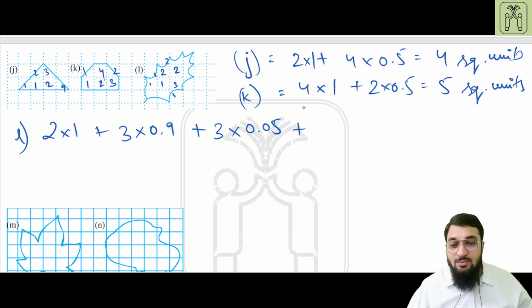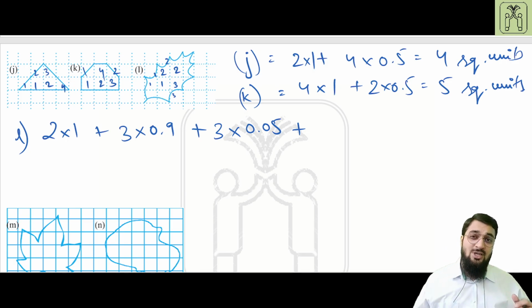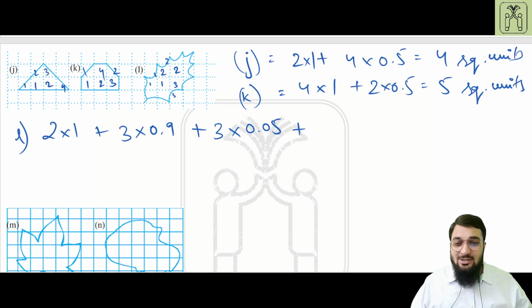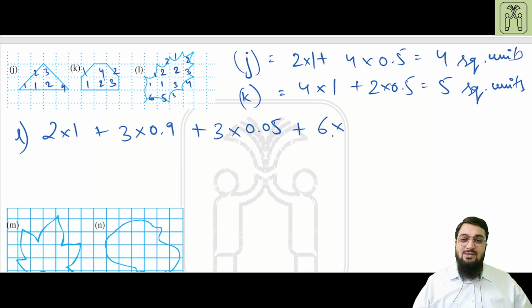After that, we will look for those which are covered neither mostly nor least, like in between. That will be 1, 2, 3, 4, 5 and 6. I think I'm not missing any. So 6, and we will multiply 6 into 0.5, let's say, because it will lead to an average.